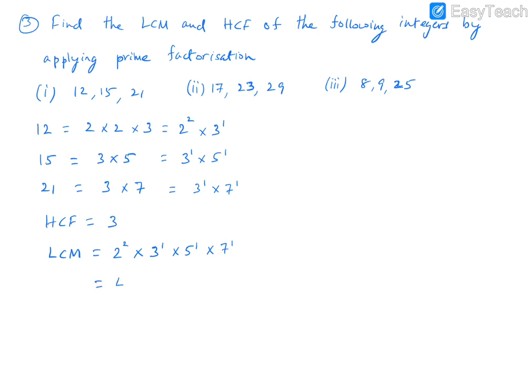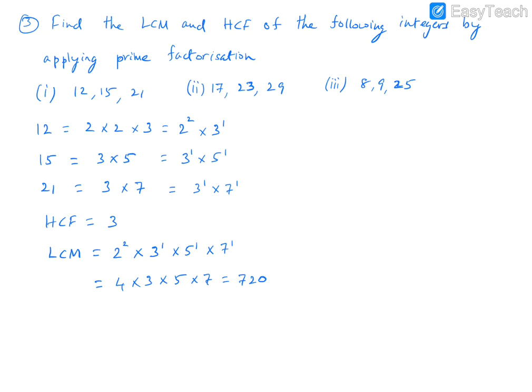So basically we have 2 power 2 is 4, into 3, into 5, that is 60, and into 7, so that should be 720. Okay, so the HCF of these three numbers is 3, and the LCM of these three numbers 12, 15, and 21 is 720.